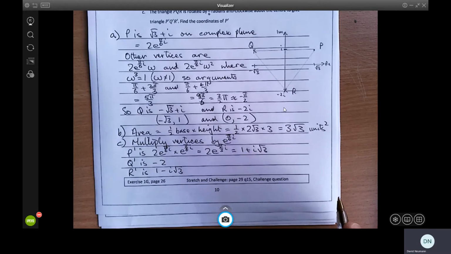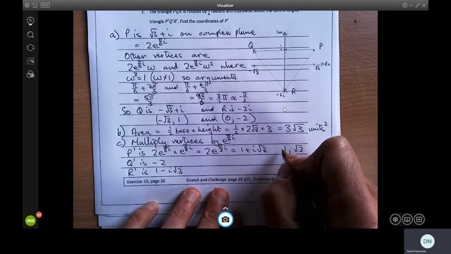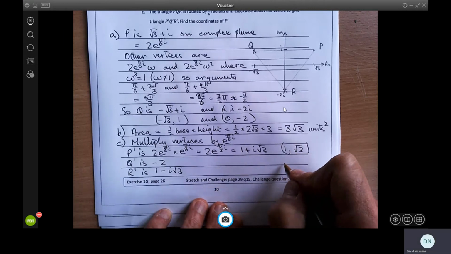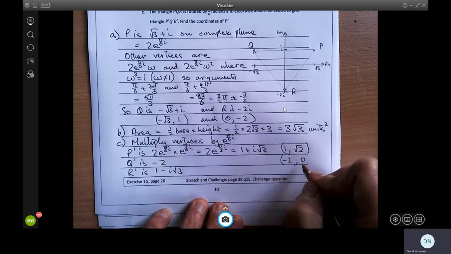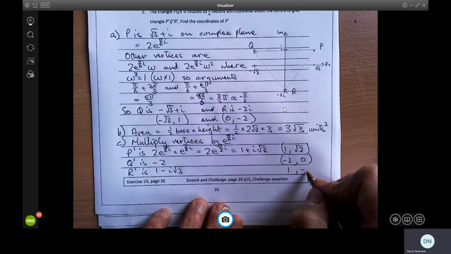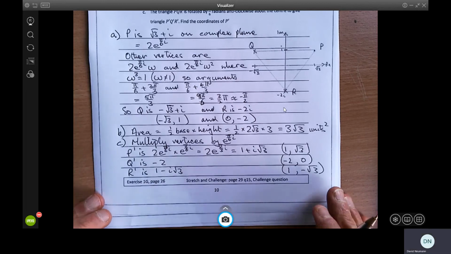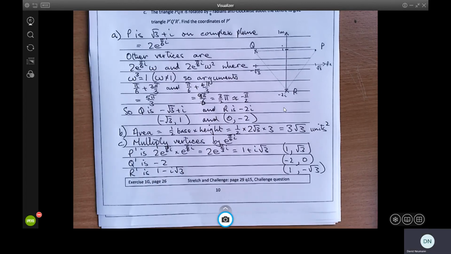Or putting them in Cartesian form, this is going to be 1, root 3. This is going to be minus 2, 0. And this is going to be 1, minus root 3.